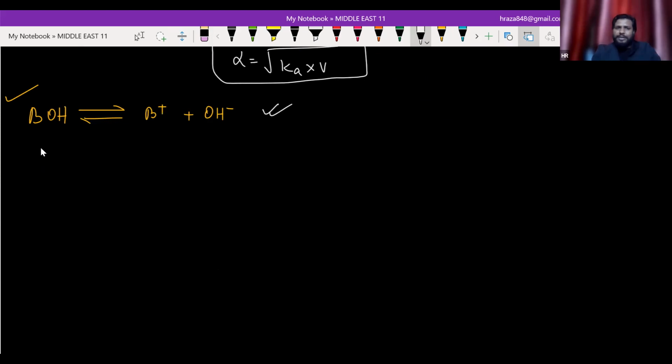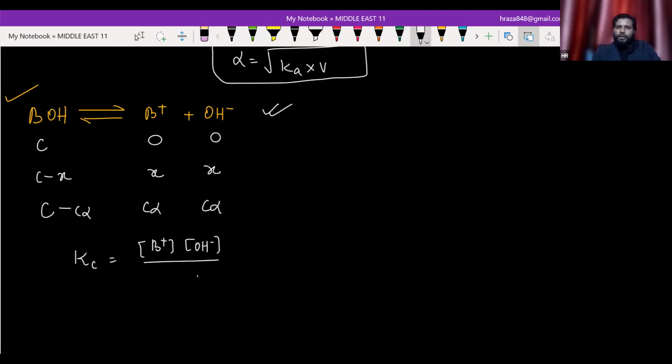Yes, sir. Now in the same way, suppose at the starting this has a concentration C. Initially the products will have 0 and 0. It dissociates, minus X, so it will be X and X. The value of X we got in acid is C alpha, so C alpha and C alpha. Kc equals B plus into OH minus upon BOH, which is C alpha into C alpha upon C minus C alpha.